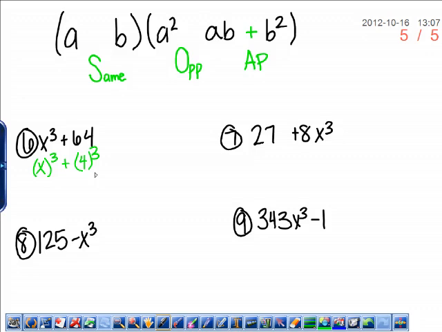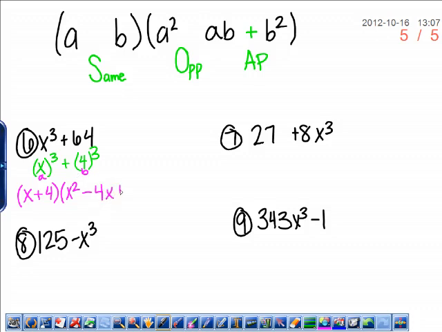Okay, so let's go through this. Start with A. What's A? Yep, A is x and B is 4. So A is x, same sign. What's my sign? Plus, what's B? 4. Times A squared, what's that? Opposite sign, minus AB, 4x.